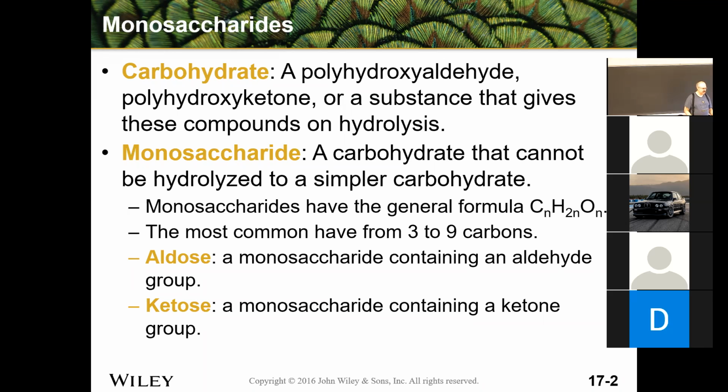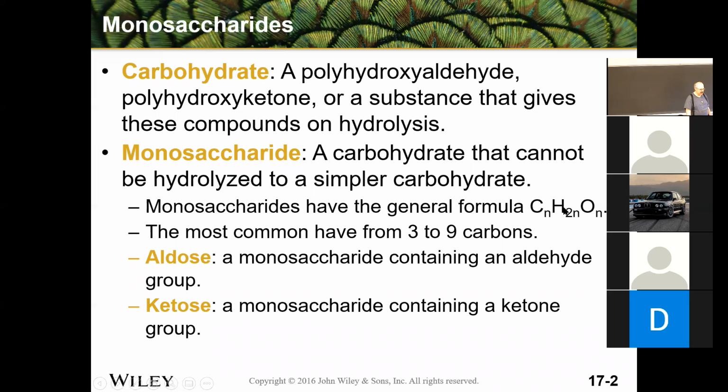There are various classifications of carbohydrates. One is the monosaccharides. These are simple sugars. They are carbohydrates that cannot be hydrolyzed to a simpler carbohydrate. Monosaccharides will have the general formula CnH2nOn.